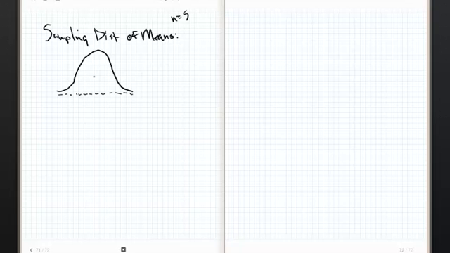Always. Now, the coolest thing is that not only would the sampling distribution of means be normal, but this mean right here would be exactly the mean of the population.